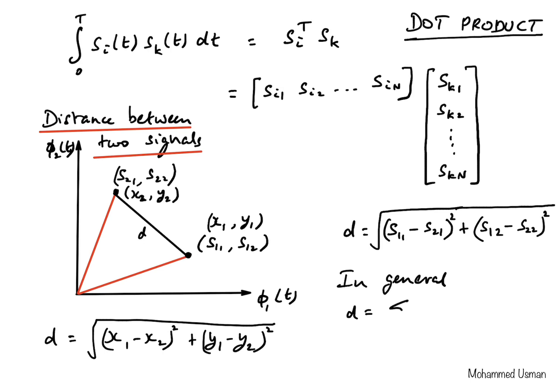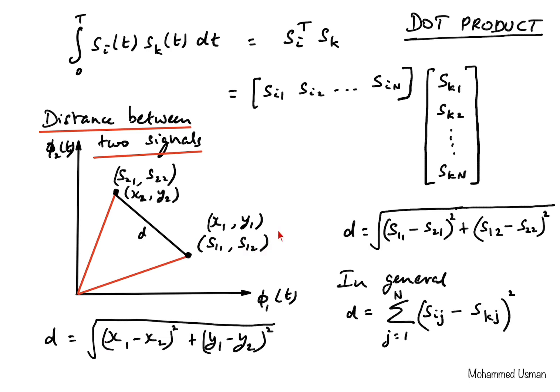summation Sij minus Skj the whole square for j equals 1 to n. Okay, so that's basically extending the distance equation from the 2-point form to a vector of any length.